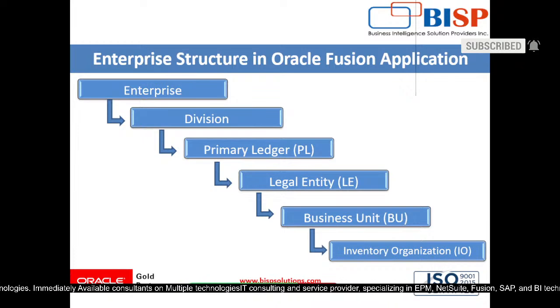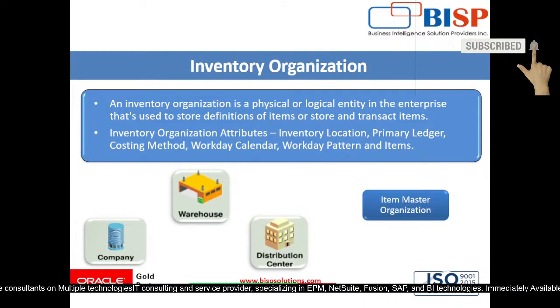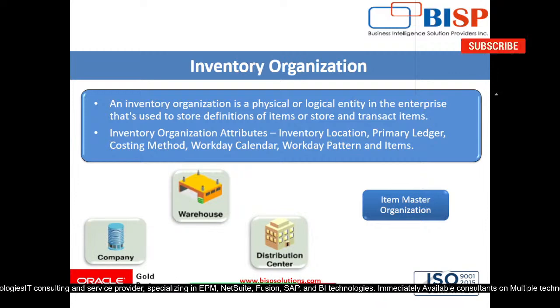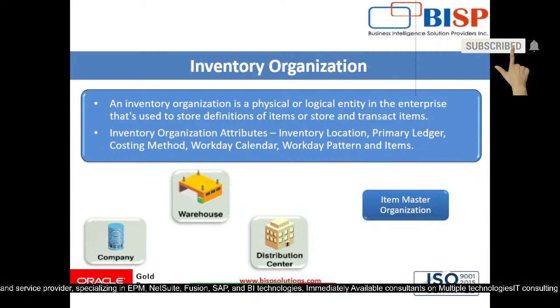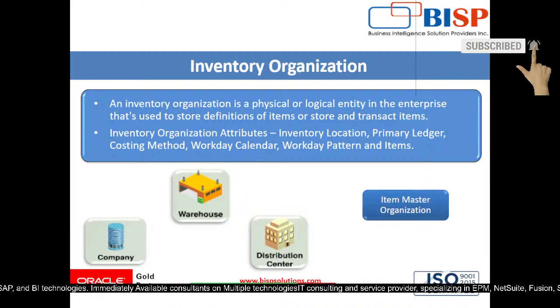At the last, you can see the inventory organization. So our today's topic is inventory organization. Inventory refers to all the items, goods, merchandise, and materials held by a business for selling in the market to earn a profit. For example, if a newspaper vendor uses a vehicle to deliver the newspaper to the customer, only the newspaper will be considered as inventory and the vehicle is considered as an asset.